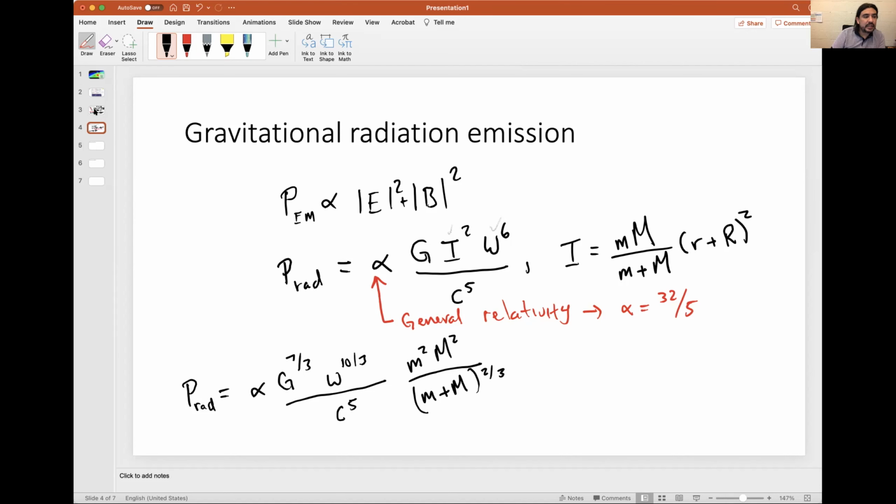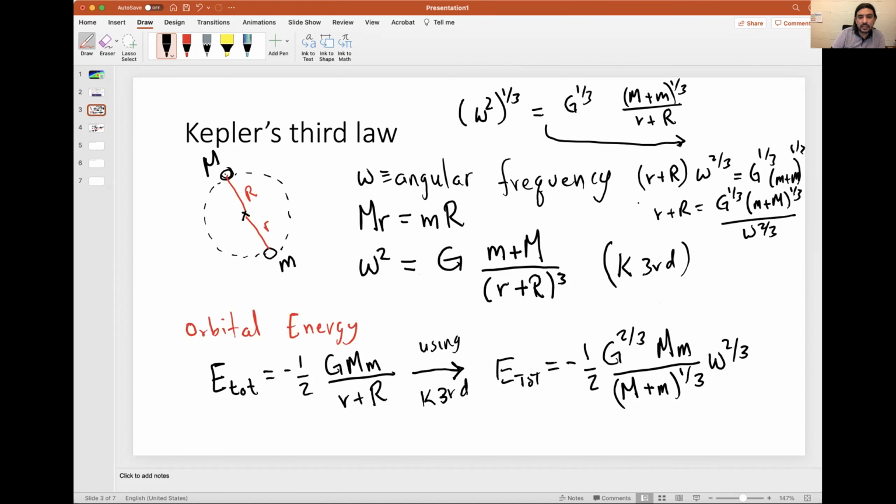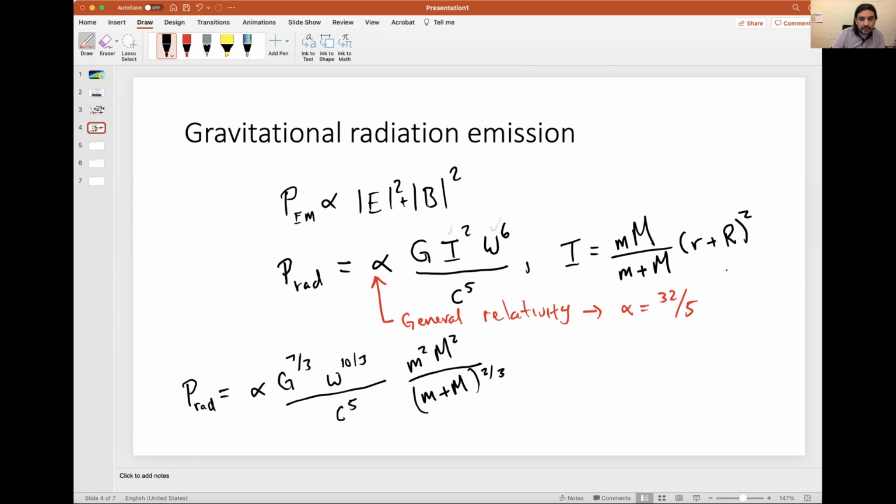So that's from using this equation for r plus r over here. Okay? All right. Questions?